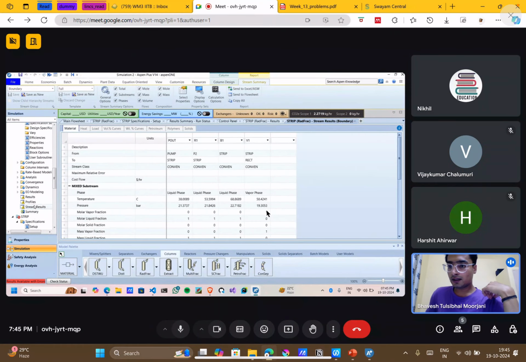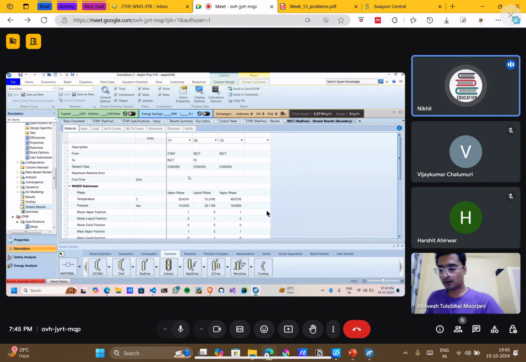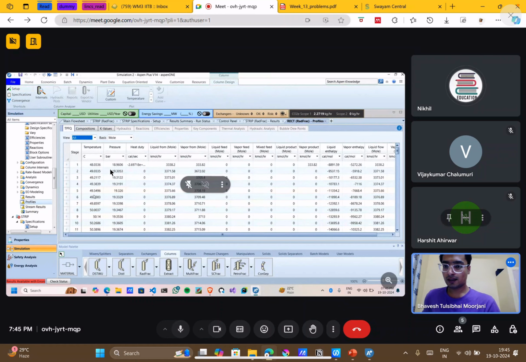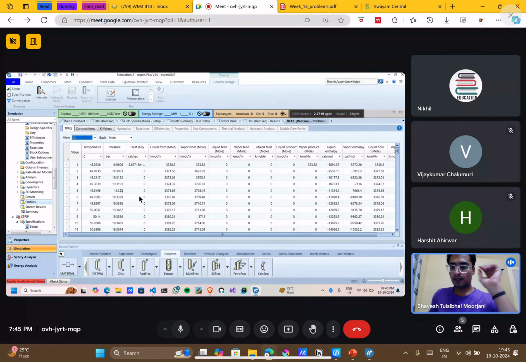Now in the rectification column, click on the profile. So it is going to rectify. Yes, so it's coming at 19 bar. Above stream results, you will find the profile option. Yeah. Now go down. So the stream is entering at stage number 120. This is the last stage, and the pressure value is, scroll down completely.